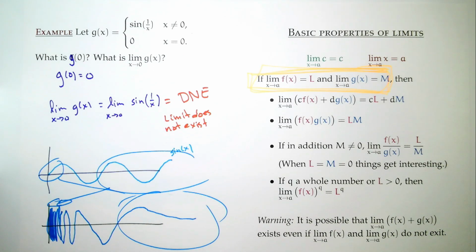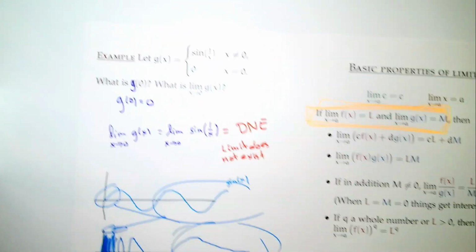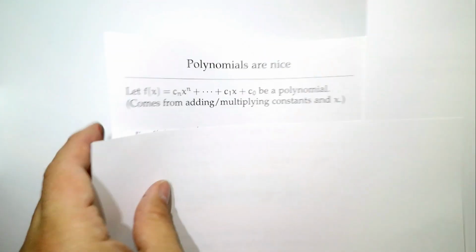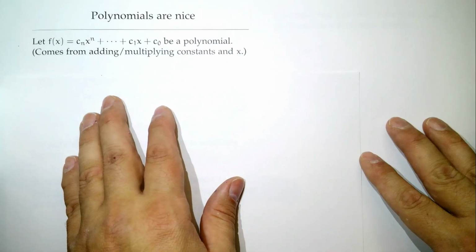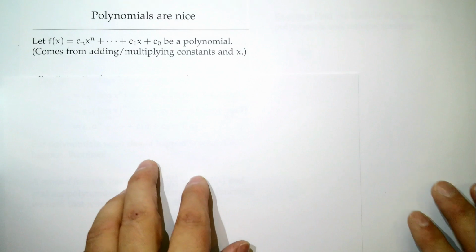So we want to start with a really nice base set of expressions to work with. And using our fact that limits work really well with addition and exponents, we can get that there's one particular class which is very nice, and that is polynomials.